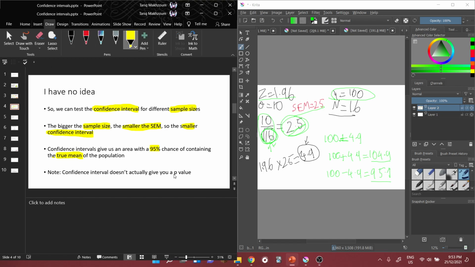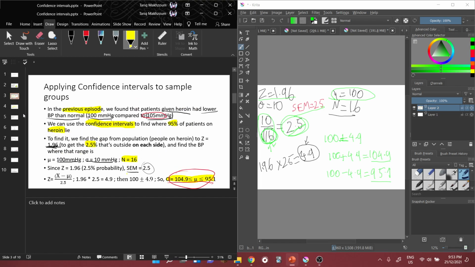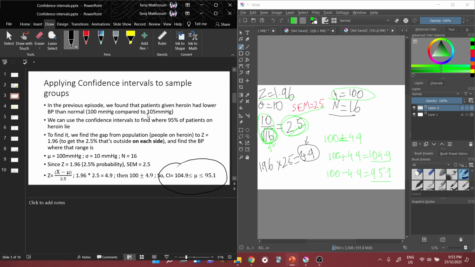However, one thing that's worth noting is that it doesn't give you a p-value. Right, so in this example over here, what we managed to prove is that because this interval didn't include the population mean from a normal population, then we know for a fact from the confidence interval that the p-value is less than 5%.